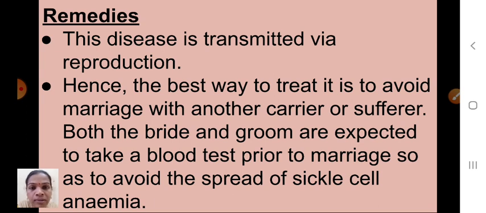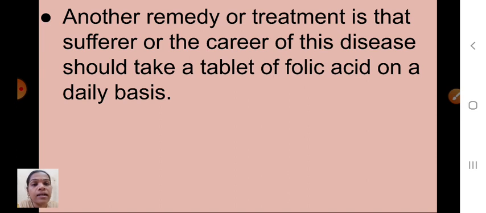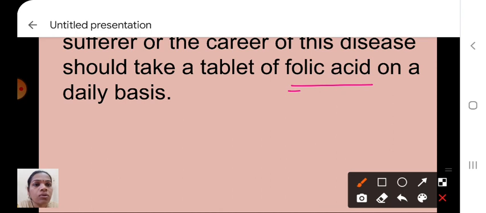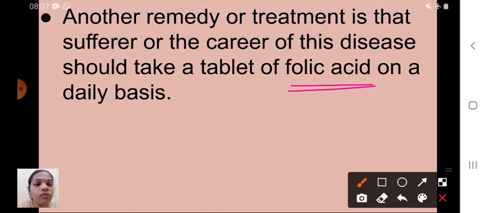Through the blood test, it will be known who is affected by sickle cell anemia. Next, another remedy or treatment is that the sufferer or the carrier of this disease should take a tablet of folic acid. So the doctor will prescribe which one? A folic acid tablet on a daily basis.